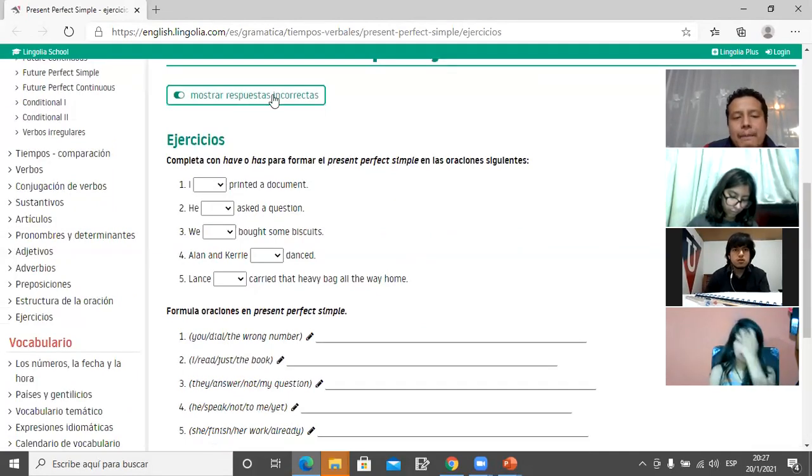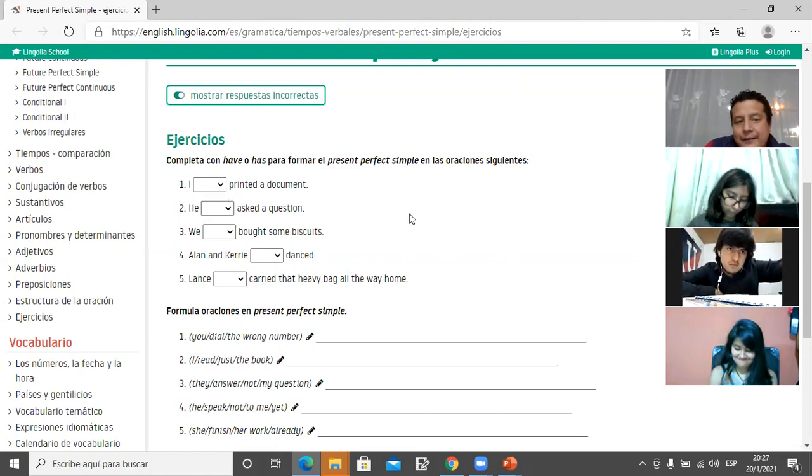We will practice the present perfect, right? What do you think, Jordan, Germán, Enríquez? What do you think is the correct word in this sentence, in this example?